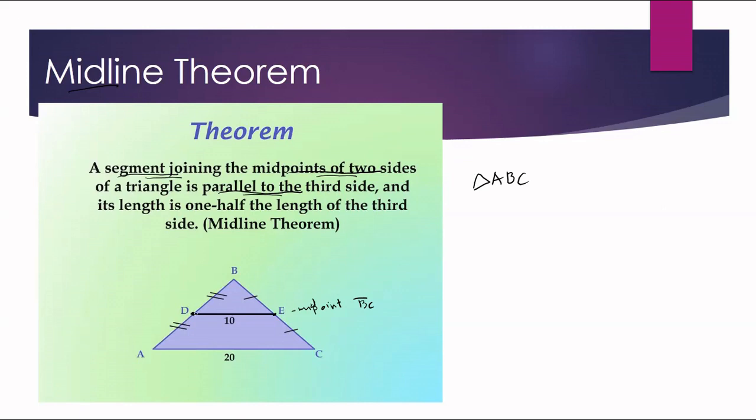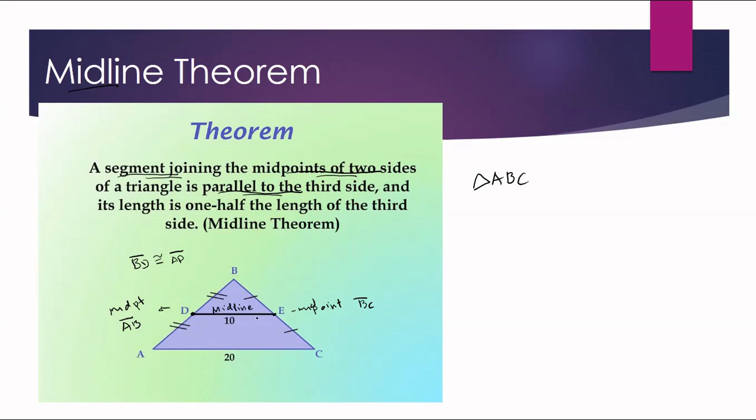Based on the marking, segment BD is congruent to segment AD, which means that point D is the midpoint of segment AB. If we join these two midpoints, point D and point E, the segment that we have created is what we call the midline. So in the figure, our midline is segment DE.